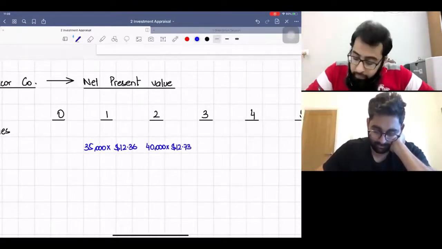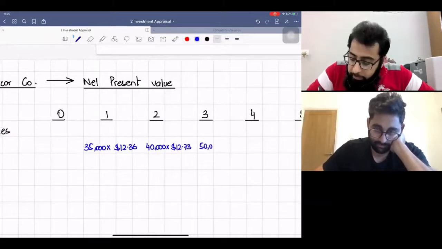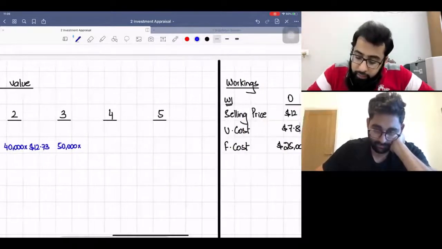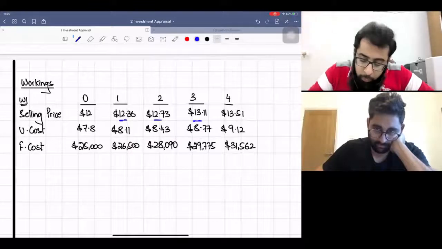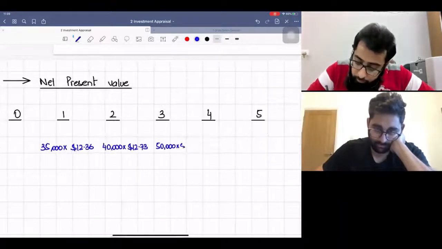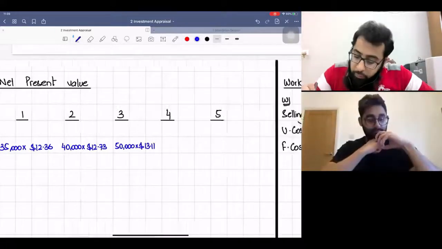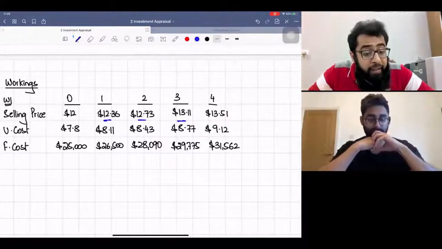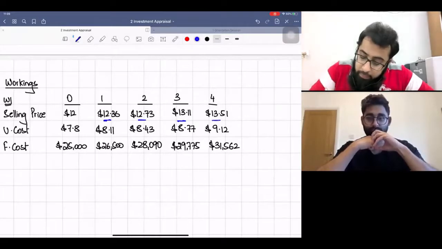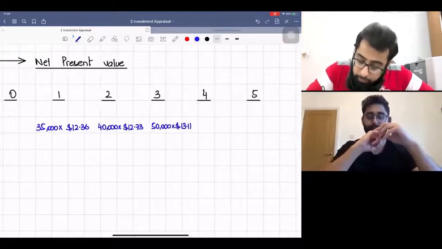Then 50,000 units multiplied by 13.11. In year 4 it is 25,000 units multiplied by 13.51.